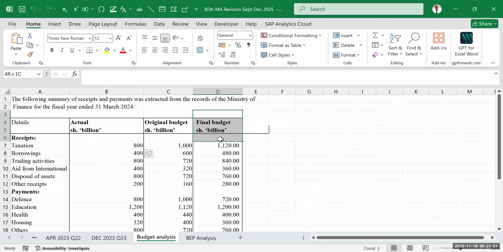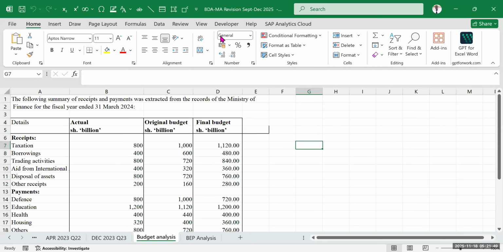Final budget and the actual budget. So those are the two elements that you are comparing. You do not compare using the original budget, because the original budget is what undergoes adjustments. And some of the adjustments that you may have had is something called supplementary, so that you come up with the final budget. So we compare these two to come up with the variance.